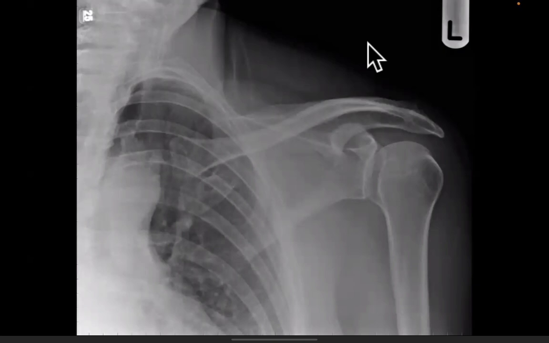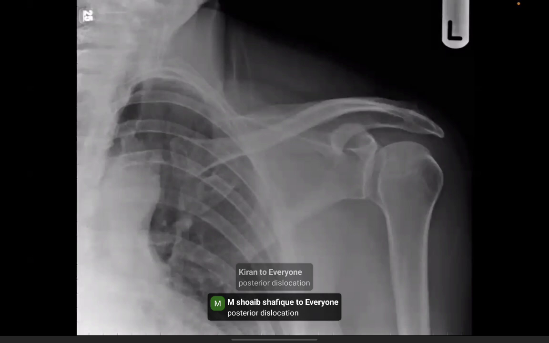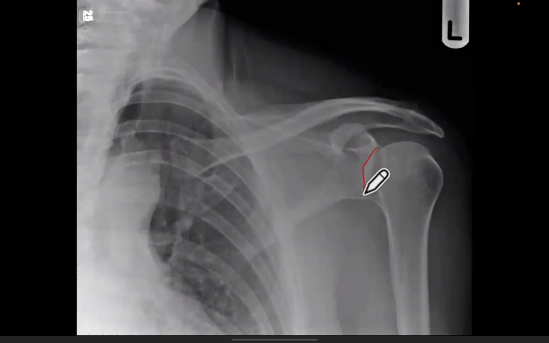Okay, trauma. Posterior dislocation. So what we've got here is a situation where the glenoid and the humeral head are superimposed, and there should be a bit of a gap, and it should be parallel.